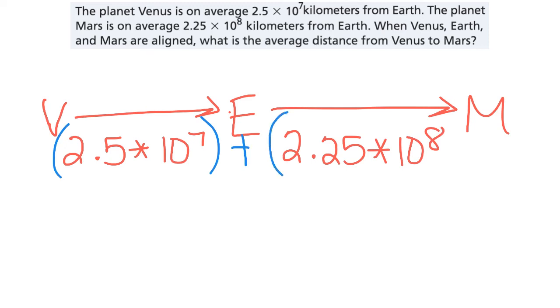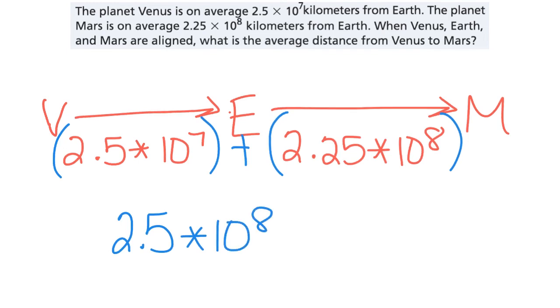Then 2.25 times 10 to the 8th power needs to be in a set of parentheses. This is going to prevent any mishaps with the order of operations inside of your calculator. If you put this into your calculator and press enter, your calculator will give you 2.5 times 10 to the 8th power.